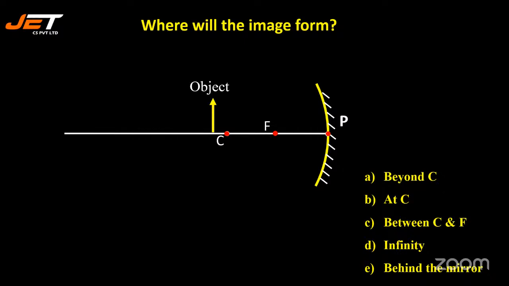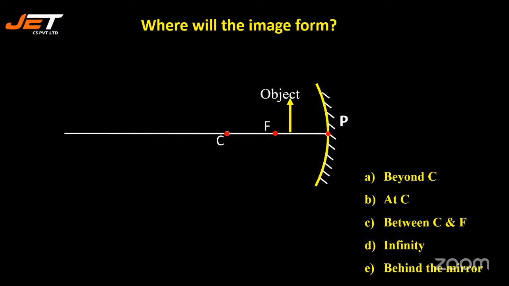I got one answer as C from Adarsh. Yes, Anjali also gave me the right answer. It is option C, between C and F only. When the object is placed beyond the center of curvature, the image వచ్చేసి మనకి C and F మధ్యలోనే ఫామ్ అవుతుంది. Right. Next, where the image is formed.